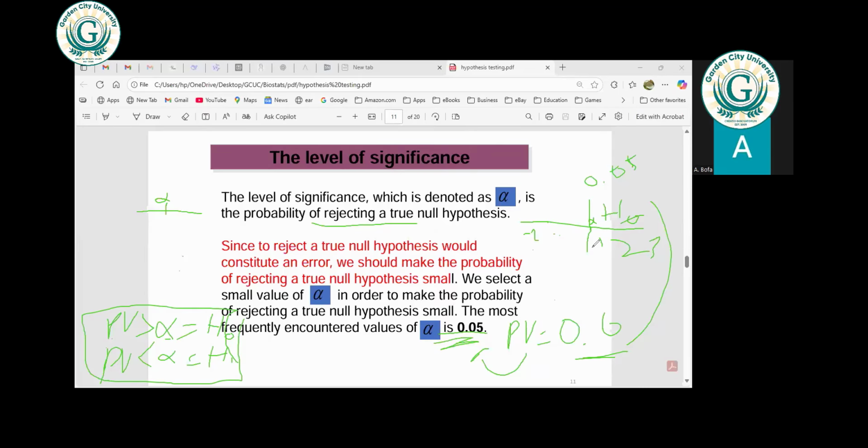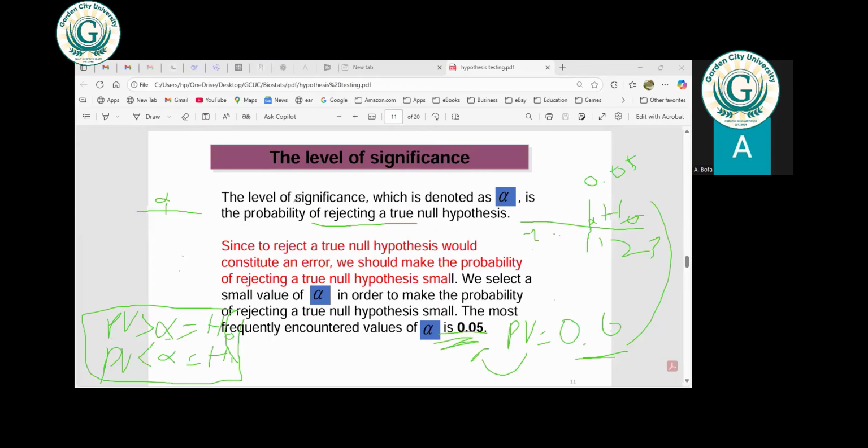And you rightly say that once it's greater, it's going to be on the right-hand side. From the rule, anything that is greater than the alpha is in favor of the null. That means we are accepting the null. So everything on the right-hand side is for the null.